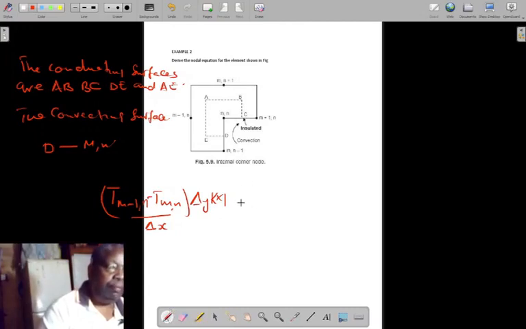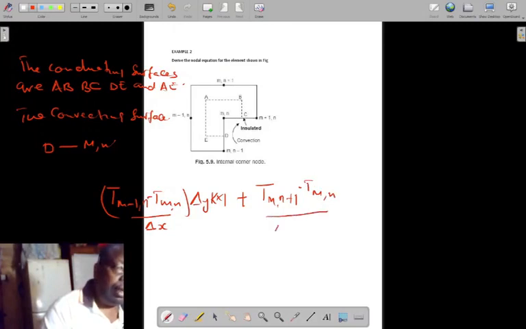Then we'll have plus Tm, n plus 1 minus Tmn over delta y times delta x k times 1.